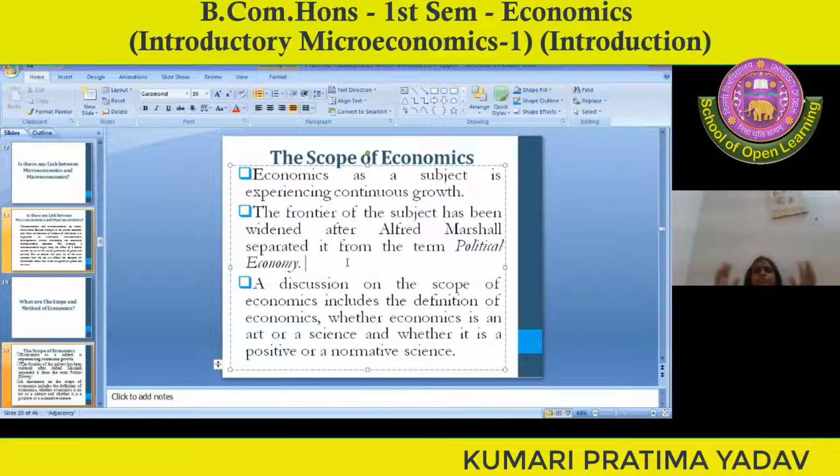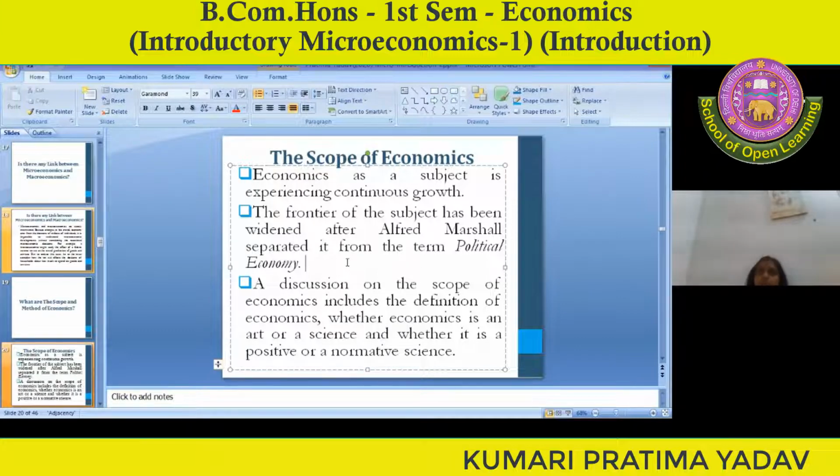So various branches of economics have come into existence. The frontier of the subject has been widened after Alfred Marshall. This growth I am talking about started soon after, when Alfred Marshall separated it from the term political economy.